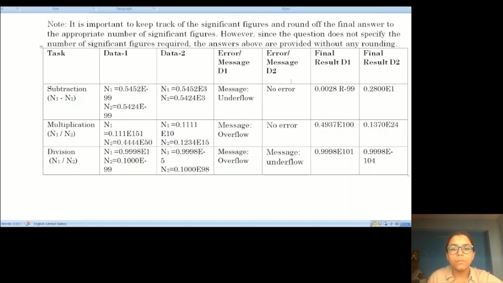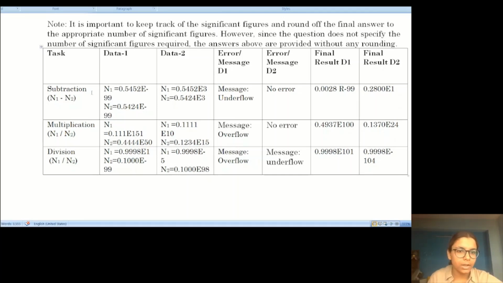Then if you have some errors or messages when we calculate them, I have to write that error and messages. And finally, I have to write the final result of the data after computation.